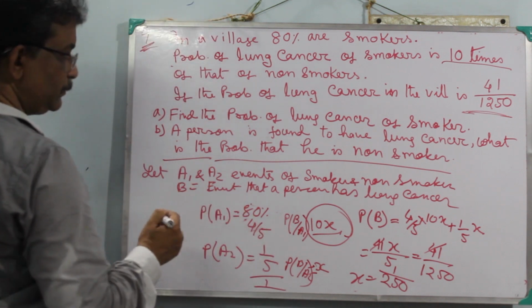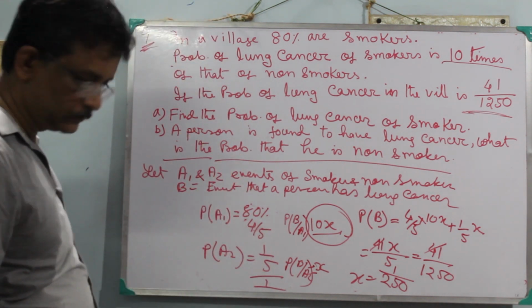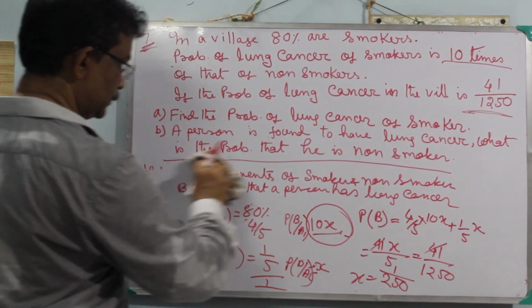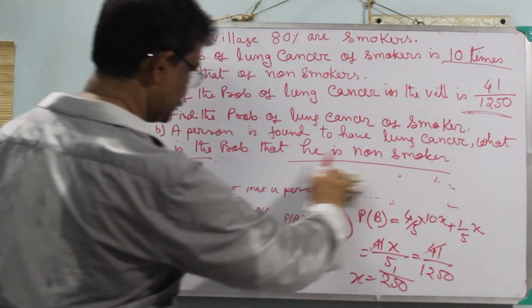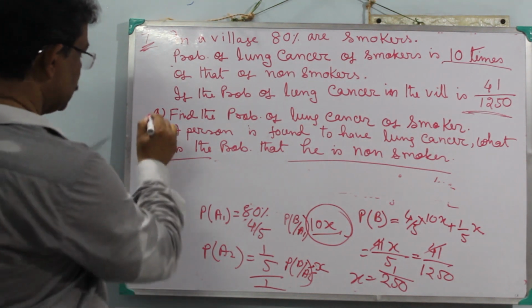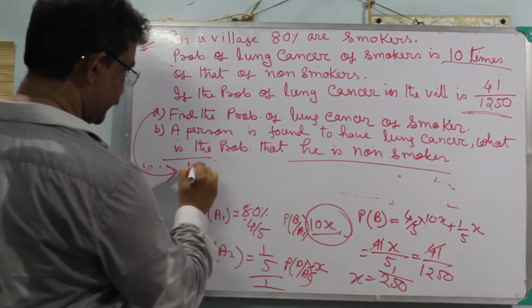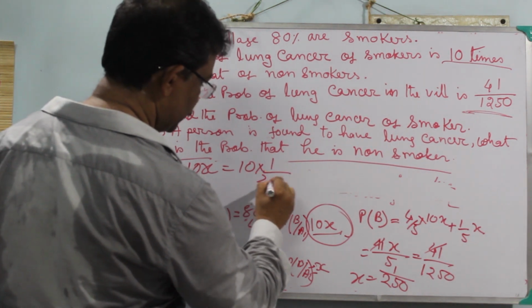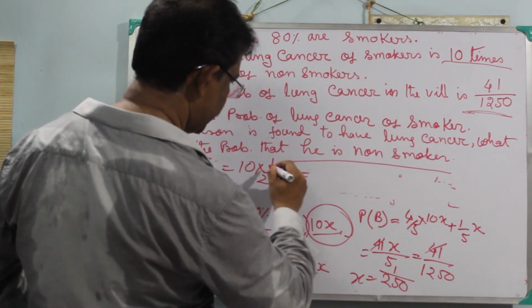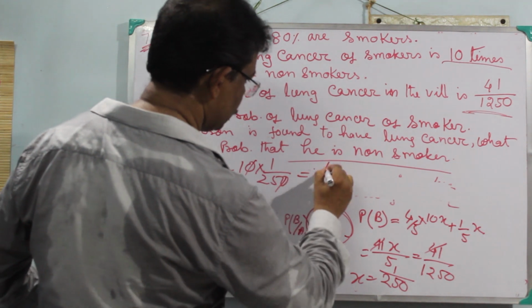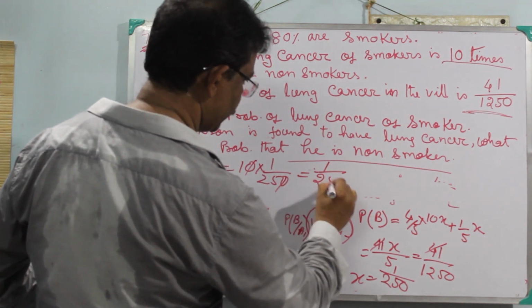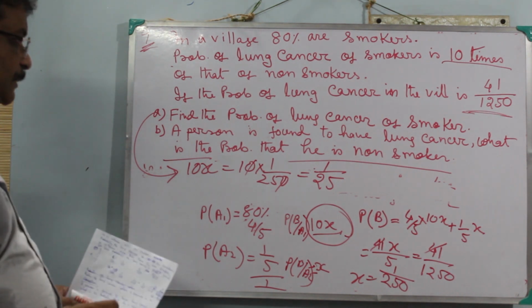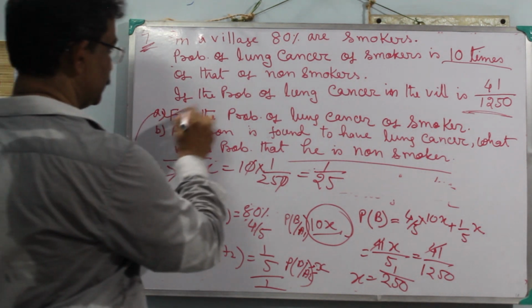So 10x equals 10 into 1 by 250. That means 10 by 250 is equal to 1 by 25. So 1 by 25 is the probability of lung cancer of the smoker.